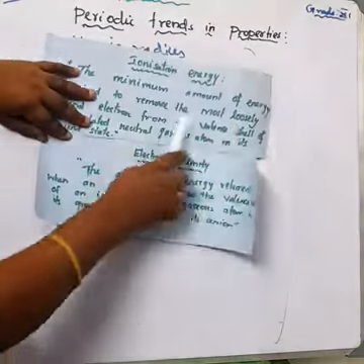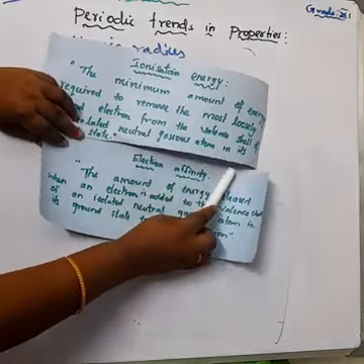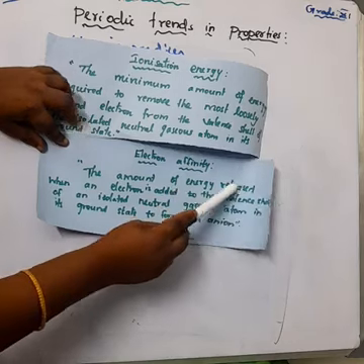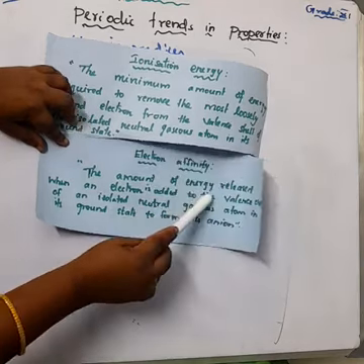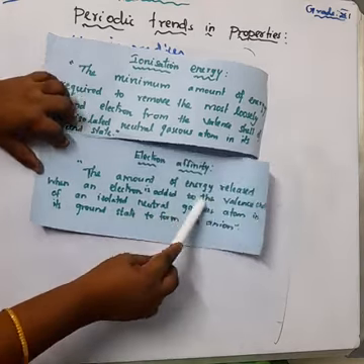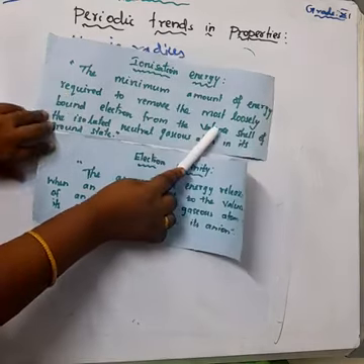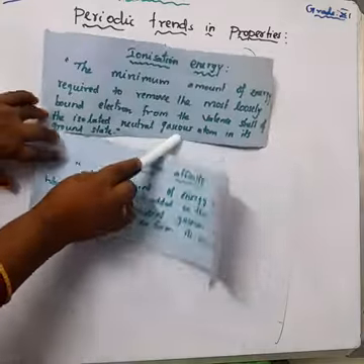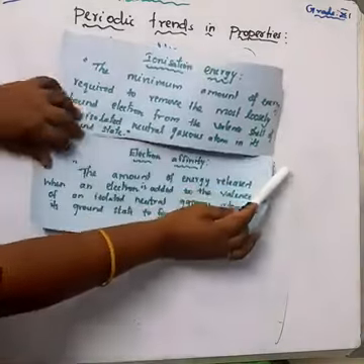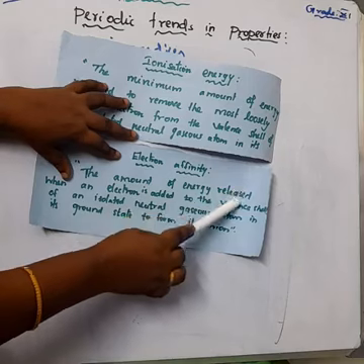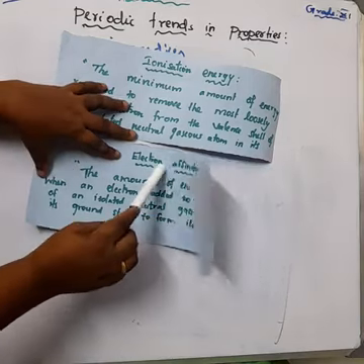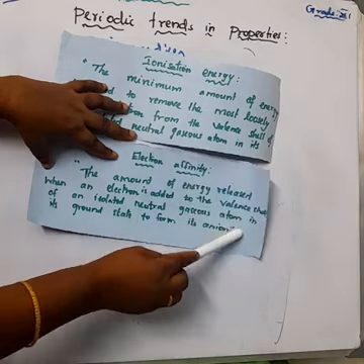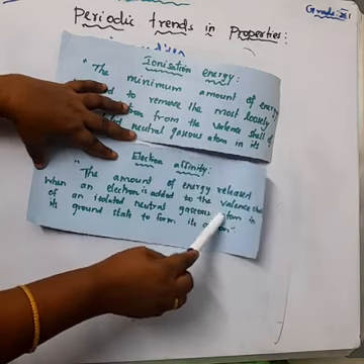Electron affinity means energy released. When you remove the electron, we should apply energy, that is ionization energy. When electrons are added to the valence shell, the atom releases energy.